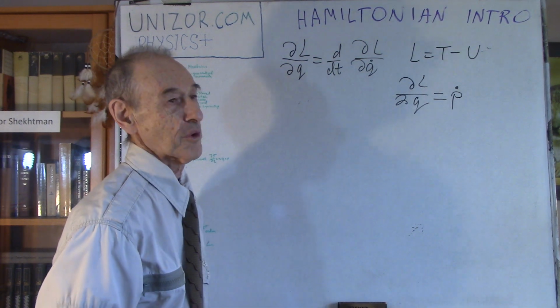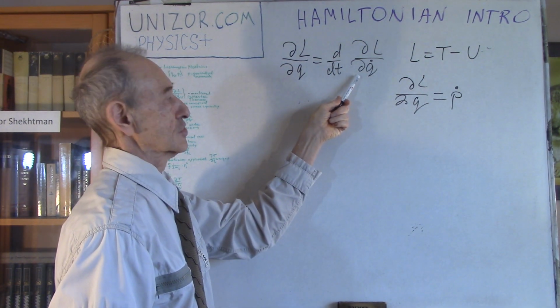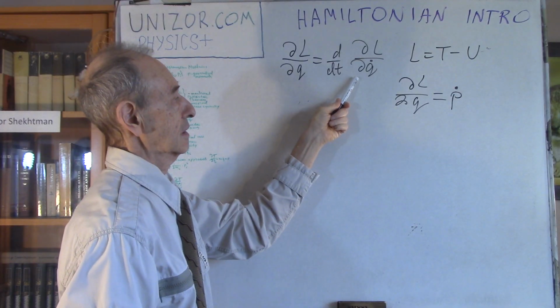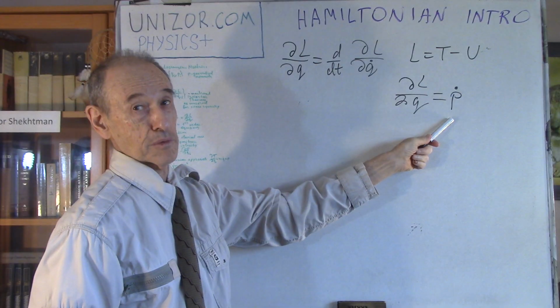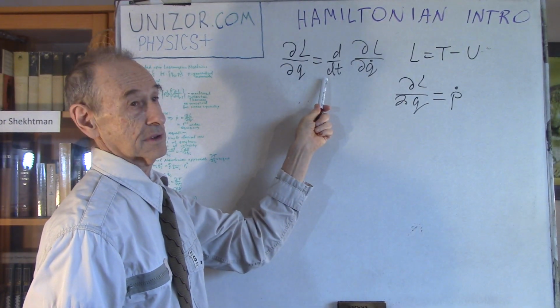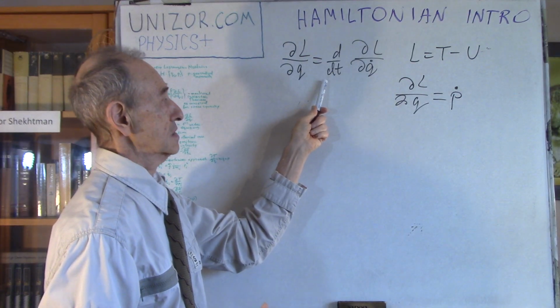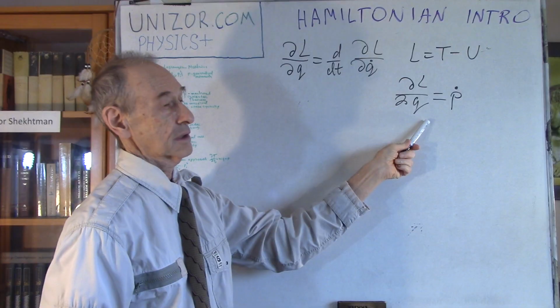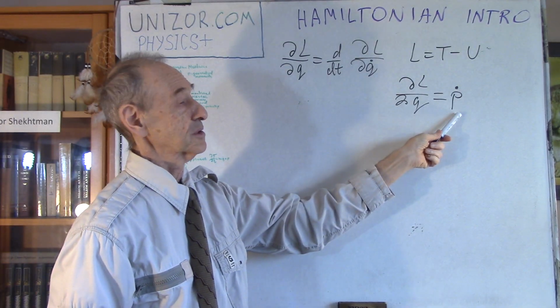Well, what's the problem? The problem is that we have only n equations of the second order. Here we also have n equations of the second order, but here we have n different unknown variables, which are functions q of time t. Here we have 2n functions, q as a function and p as a function.